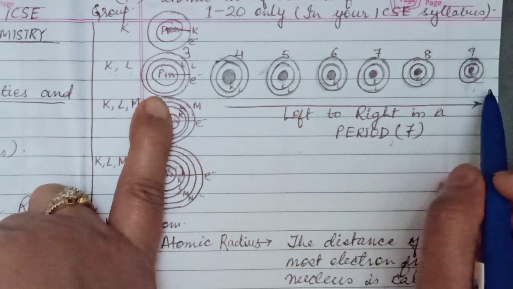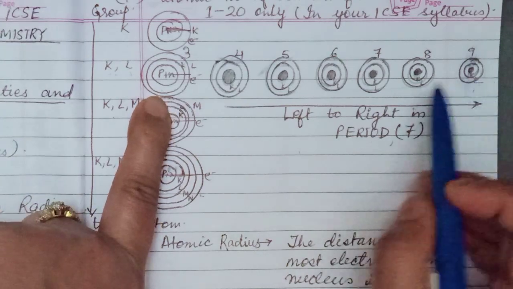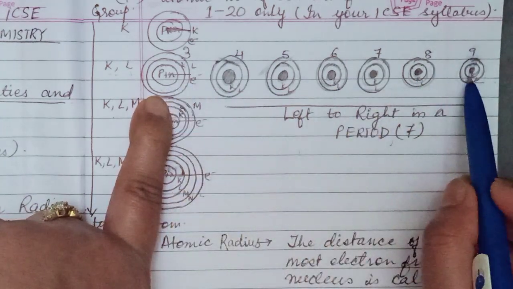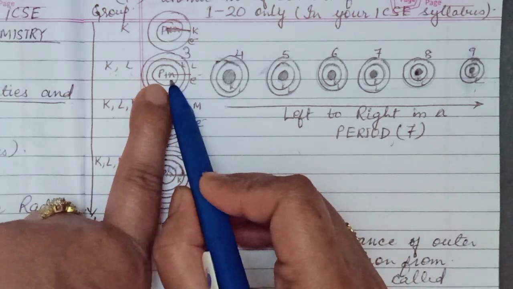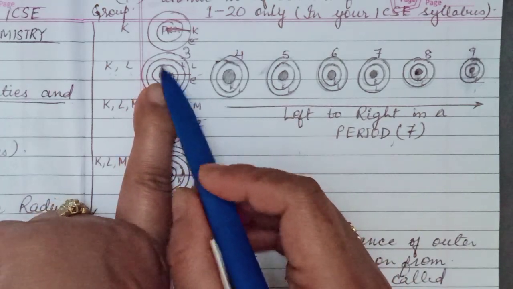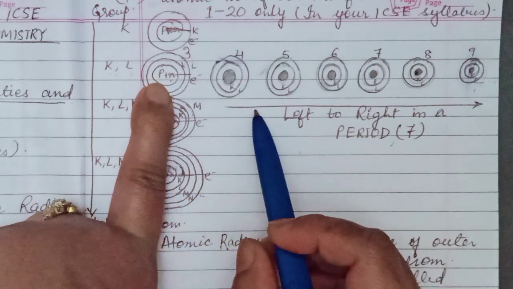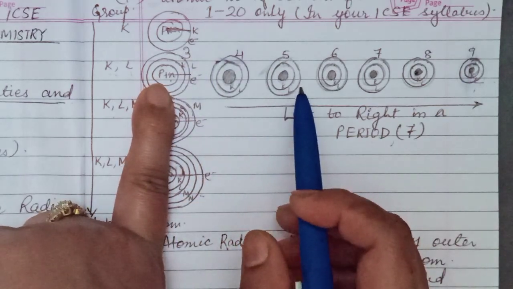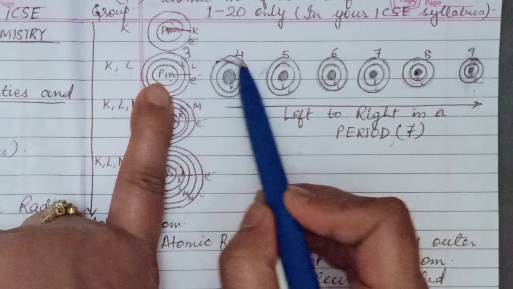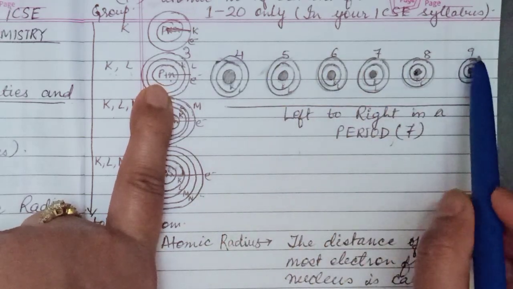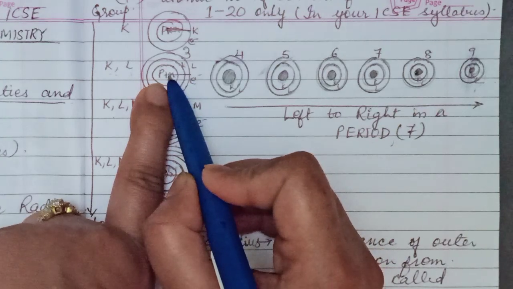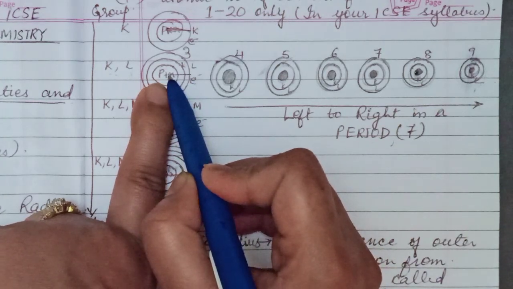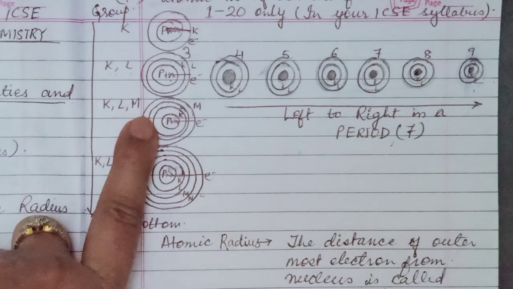Now, the reason behind this is that when we are moving from left to right in a period, the number of protons is increasing, as we have discussed before, that the modern periodic table is based on increasing atomic number. So atomic number is increasing, that means the number of protons is also increasing. So when the number of protons is increasing, that means nuclear charge is also increasing. Now again, what is nuclear charge?